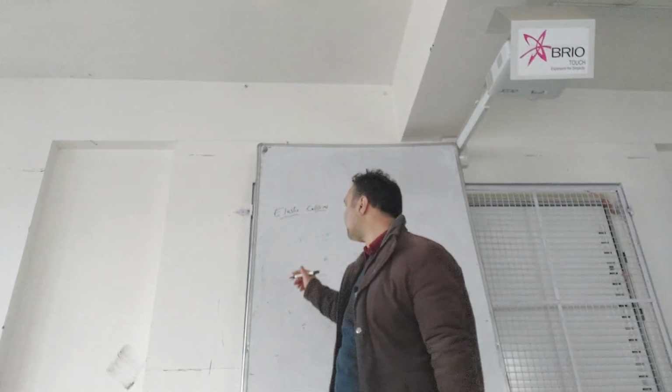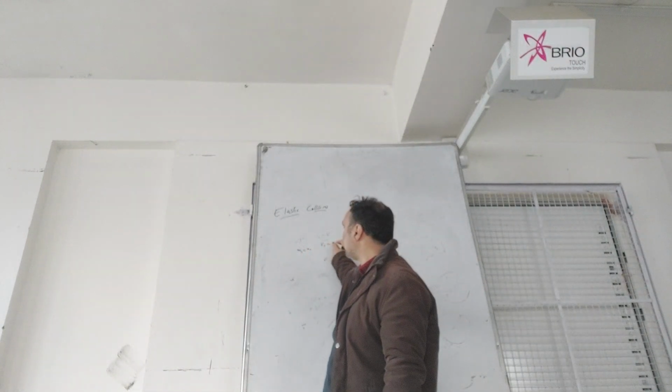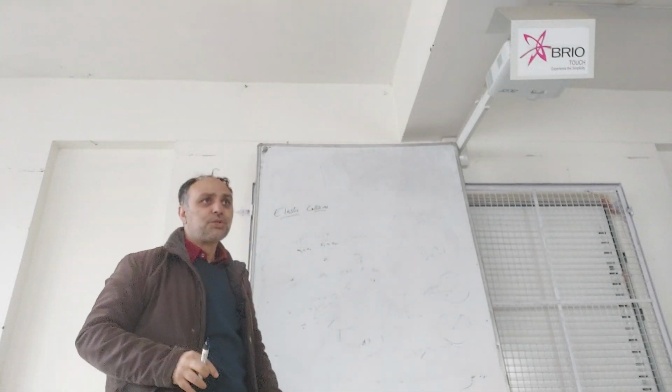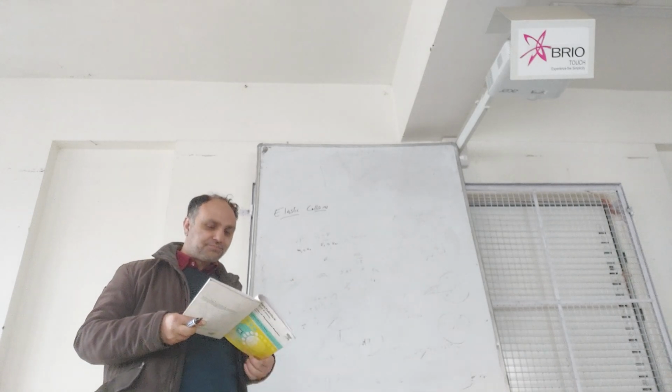That should be equivalent to 1. This means there will be no dissipation of energy, there will be no change of mass. So if there are two particles, one with mass m1 and the other m2, if the two masses are the same, then v1 will be equivalent to v2. This is the way we define perfect elastic collision.